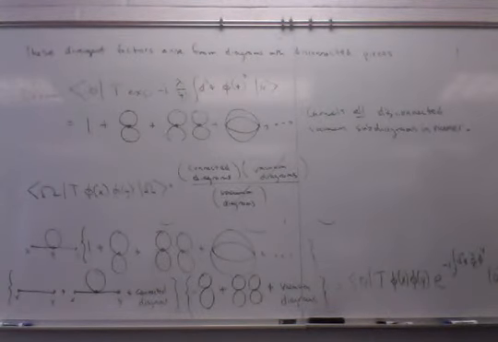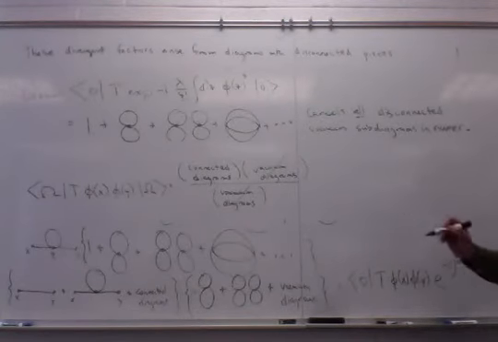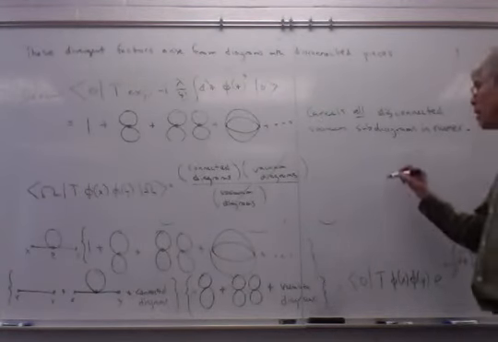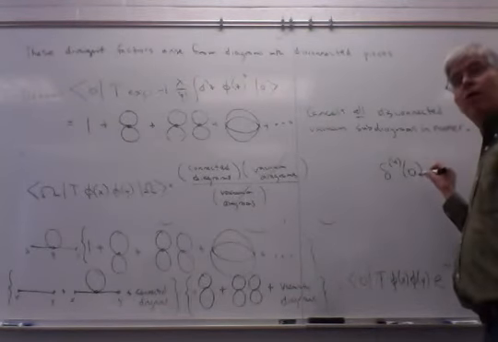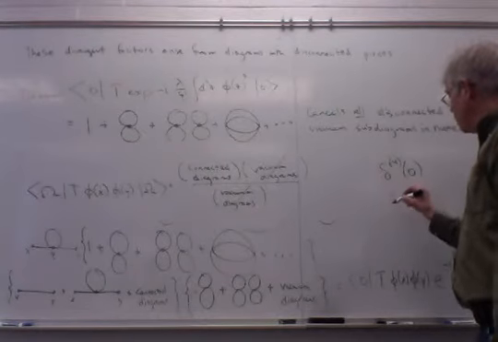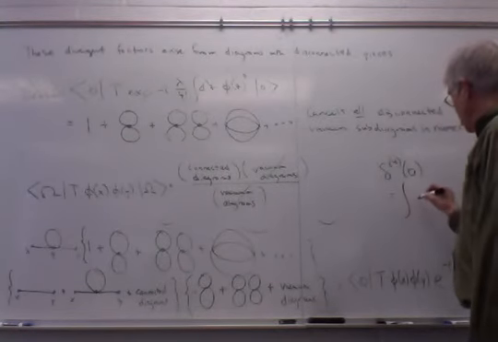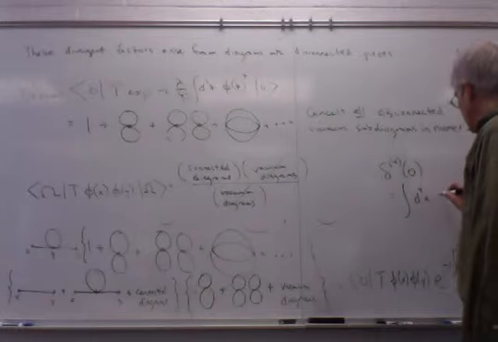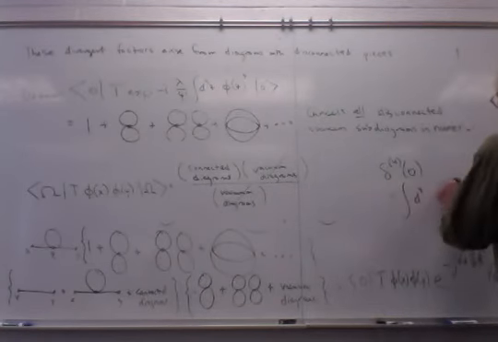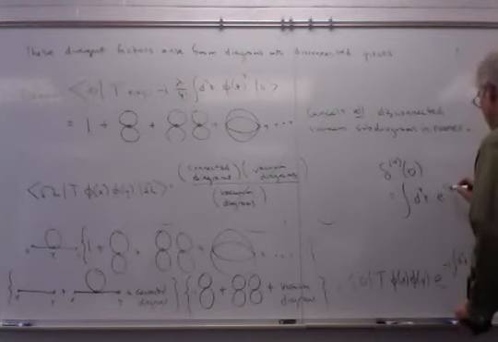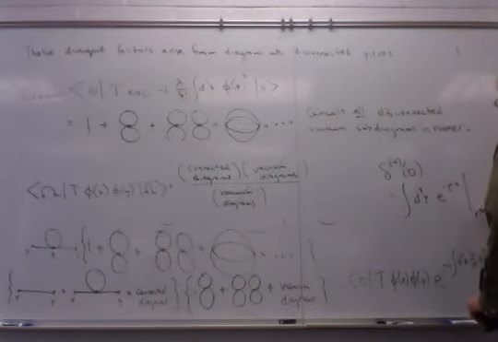Basically, we've already encountered this infinity, a very similar infinity, when we calculated the Hamiltonian for a scalar field. We got this infinite term that was like a delta function of 0. The delta function of 0 is the integral d^4x of e^{ip·x} at p equals 0.